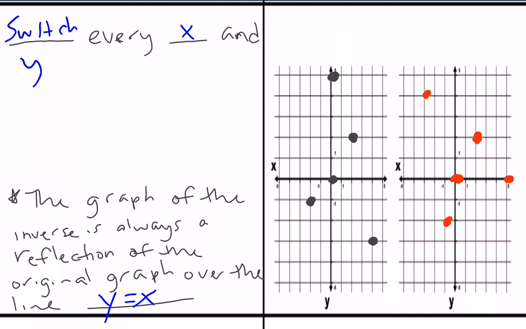And if I draw the line y equals x here, you'll see that things basically traded places over the line. And if it was on the line, it stayed. So that 0, 0, and 2, 2, they stayed on my line. But everything else flipped from one side of the line to the other.